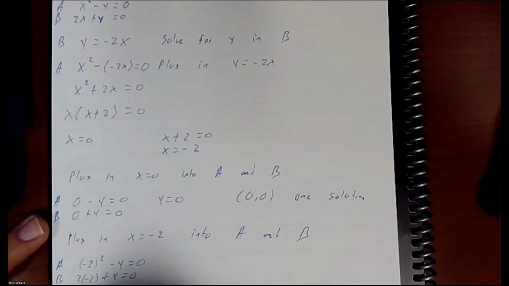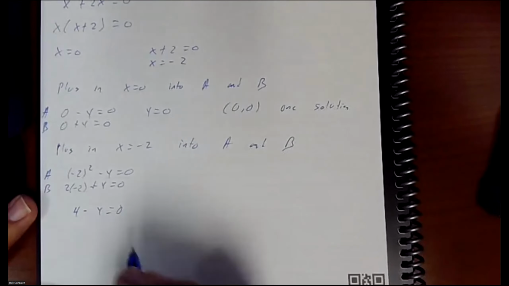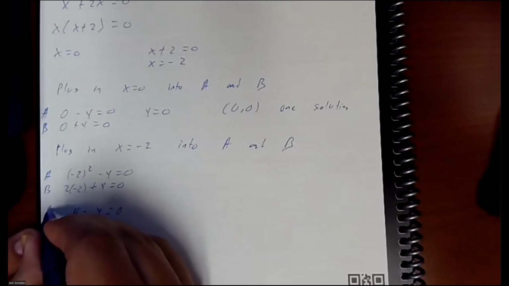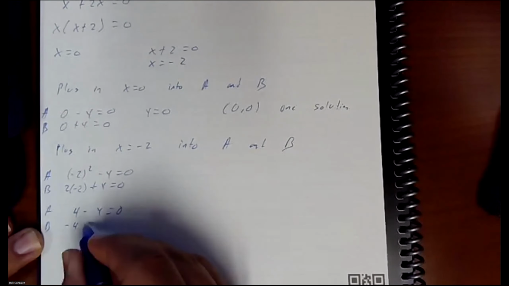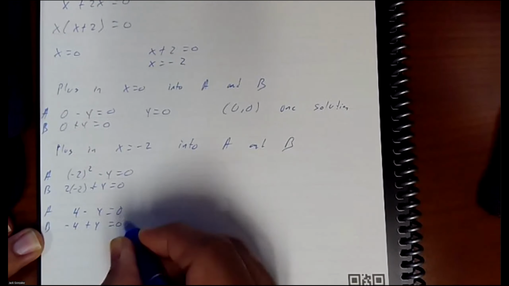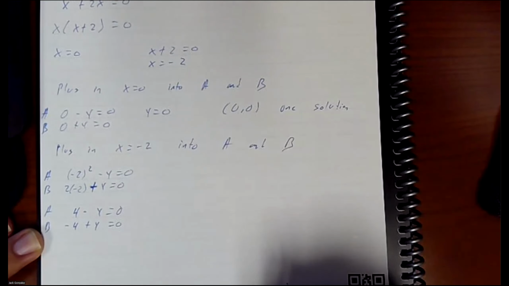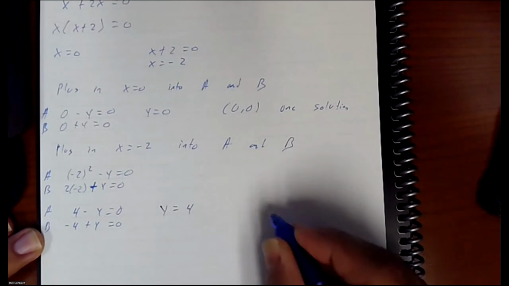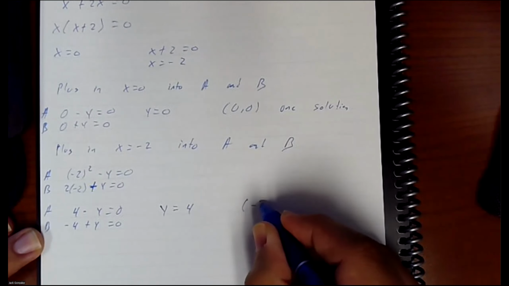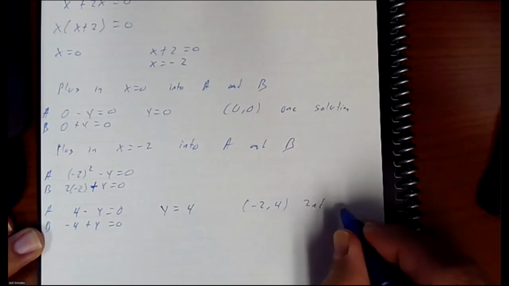So this would be 4 minus y equal to 0. And -4 plus y equal to 0. That we can see, right? Y is 4. So -2 and 4, as we already knew, is a second solution.